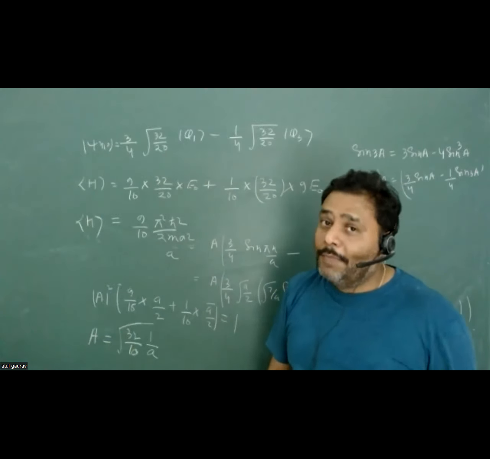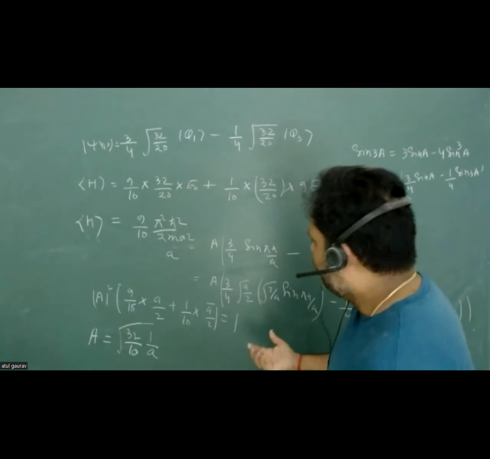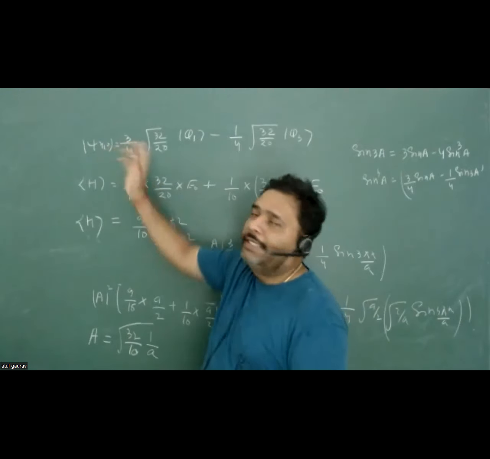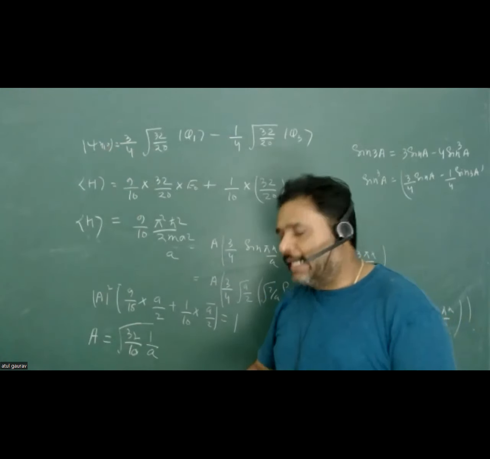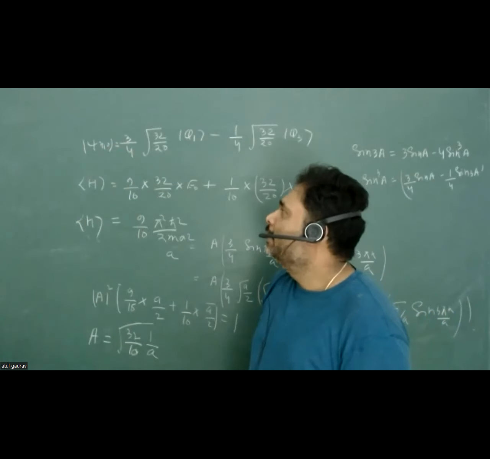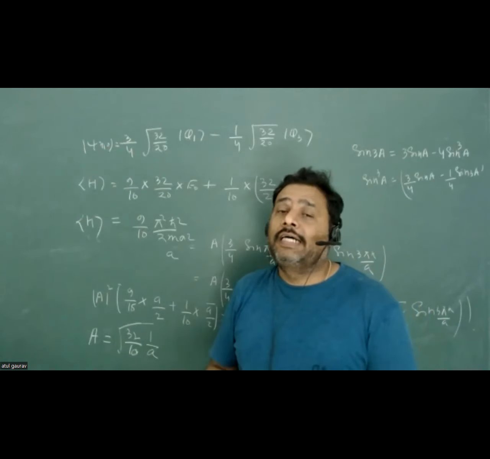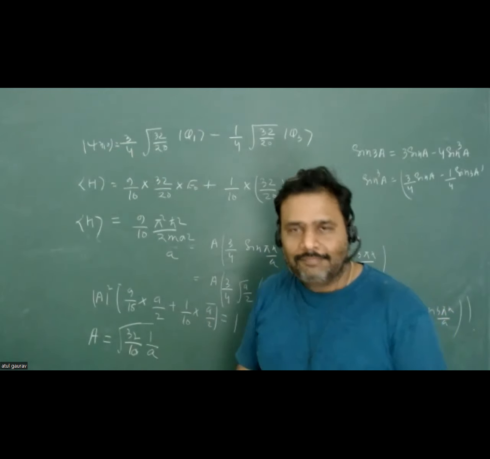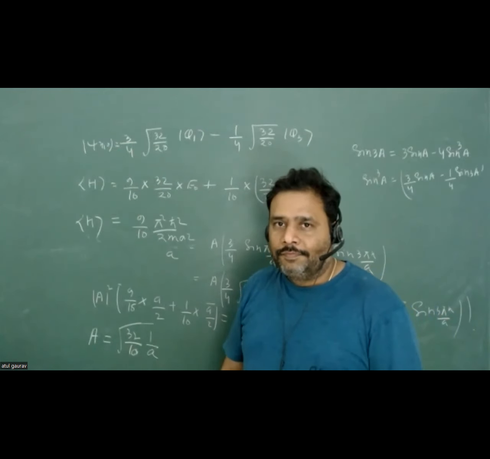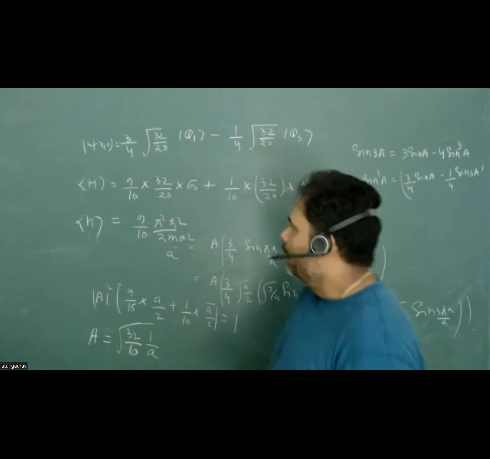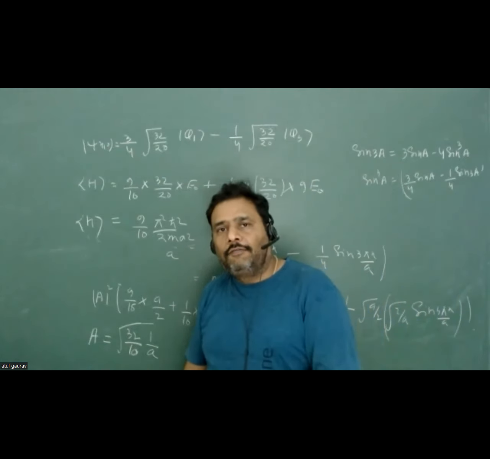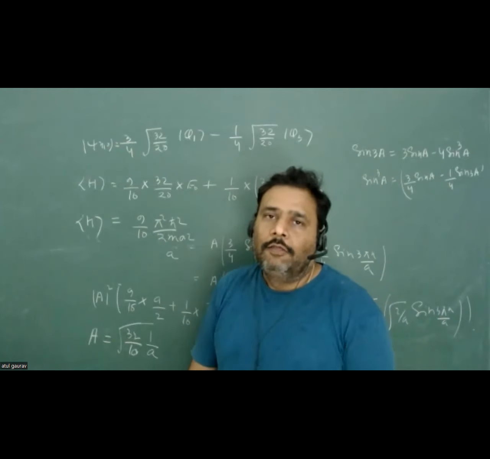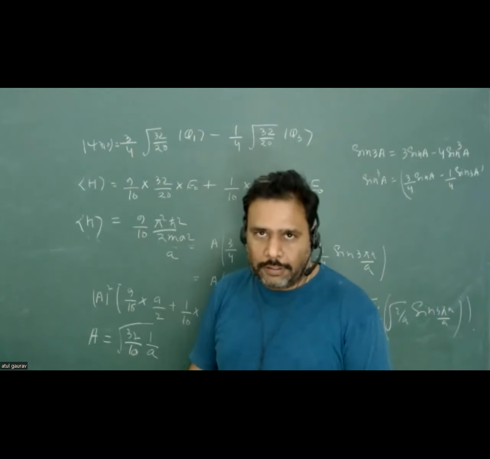In the next exam, maybe they can ask what will be psi t after time t, isn't it? They can again ask after which time psi t is orthogonal to psi 0. Yes or no? Until you are able to write your psi in a basis of energy eigenstate, you cannot do anything with the time evolution.